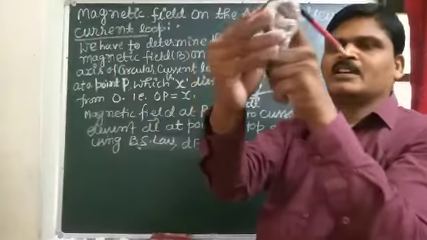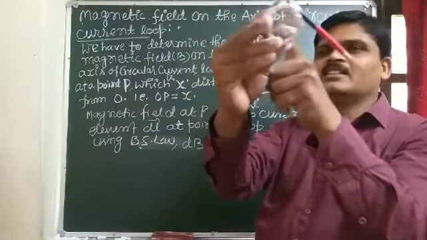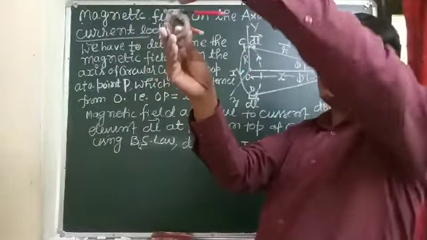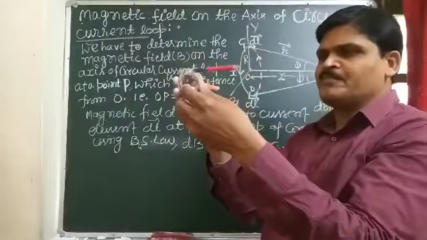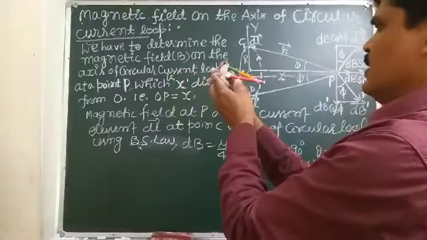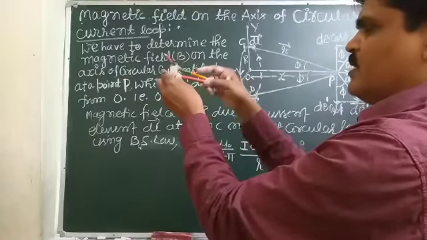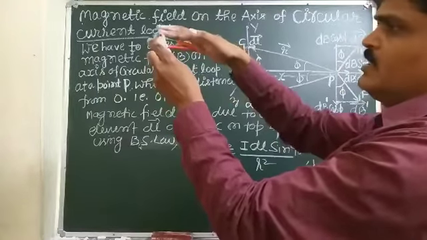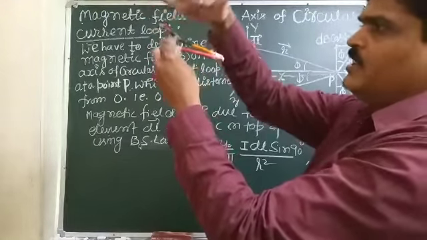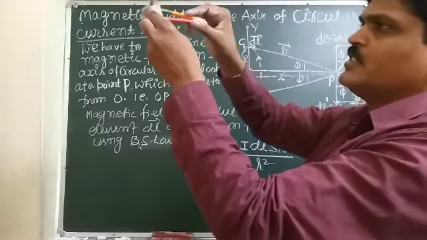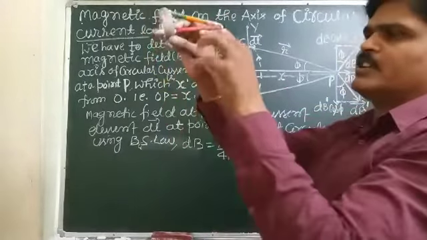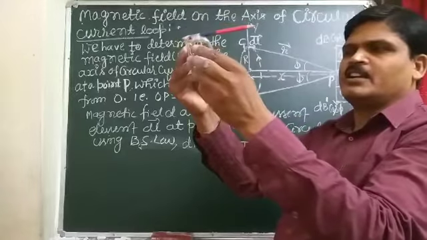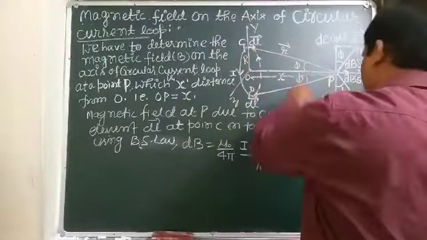This is vector r, and this is the tangent to the current element. See carefully: this is the center axis where we find the magnetic field, and this is the r vector. If you draw a tangent on the current element, the angle between them is 90 degree. So we can say that the angle between dl and r vector is 90 degree.